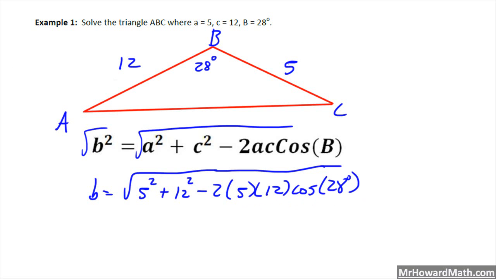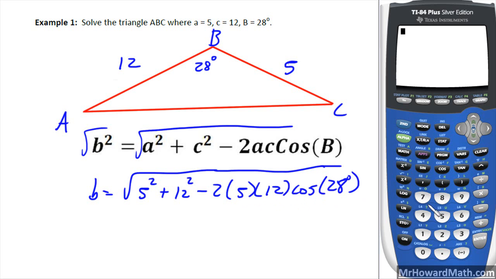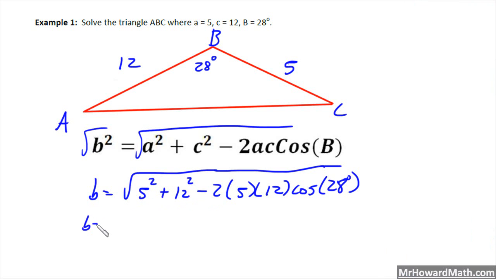So we'll pull up our calculator and enter that in. We'll make sure we're in degree mode when we do that. So let's put that in. Square root of 5 squared plus 12 squared, subtract 2 times 5 times 12 times cosine of 28 degrees. And we get side b is 7.94, so b equals 7.94.